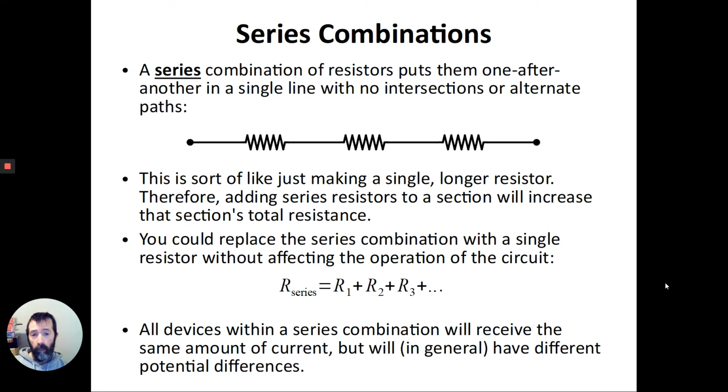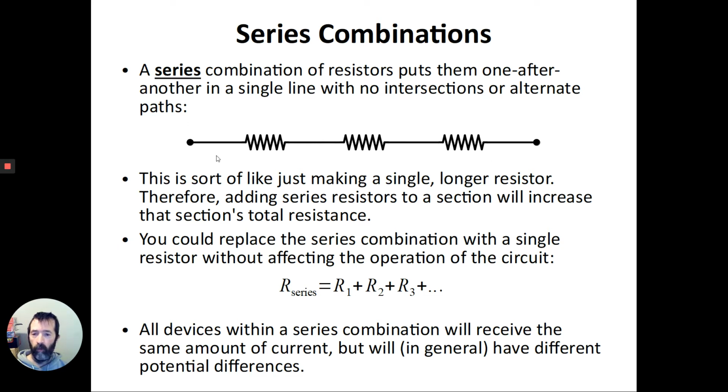The other thing to keep in mind with a series combination, and this is again something that we saw little pieces of before the school closed, is that the same amount of current is going to flow through each object in the series. So again, my example diagram here just has 3 resistors all in a line.